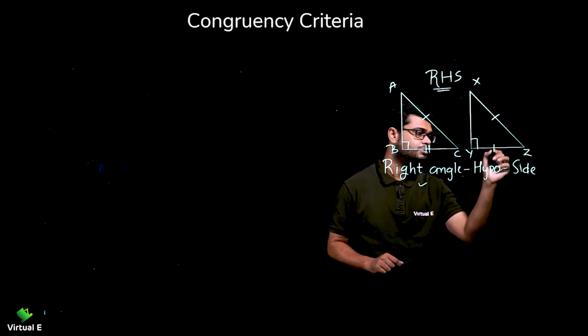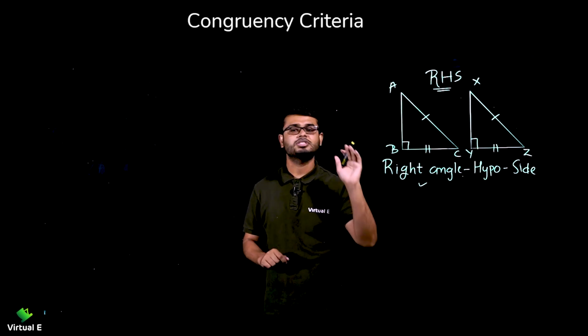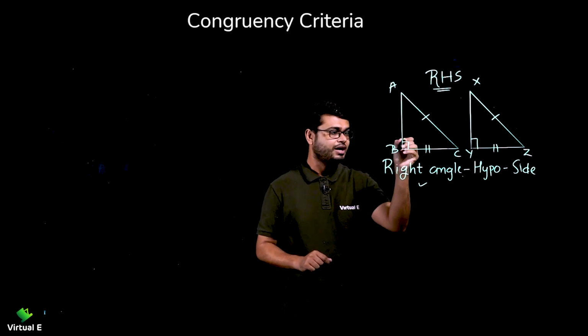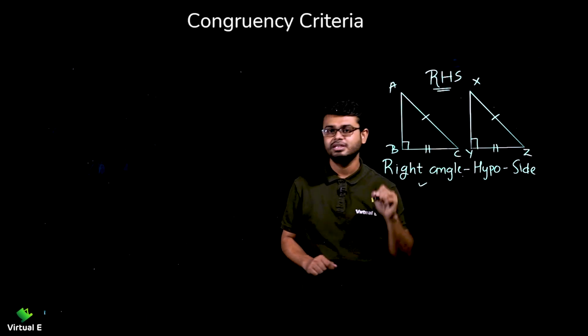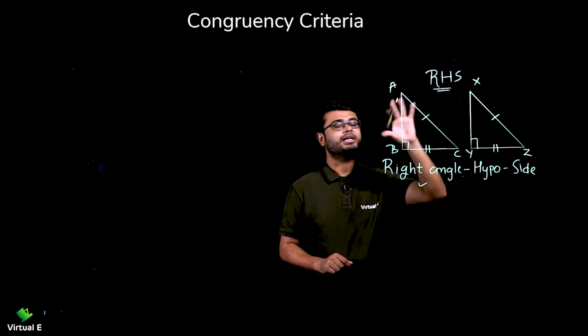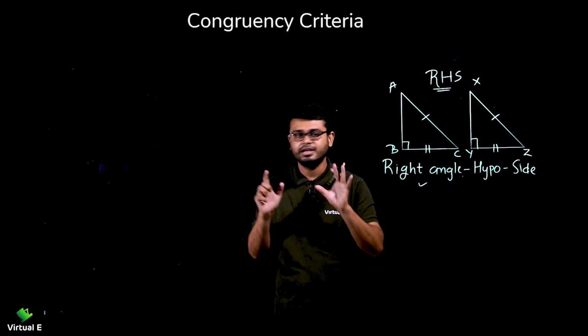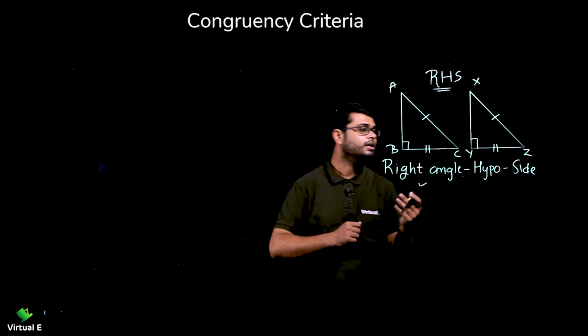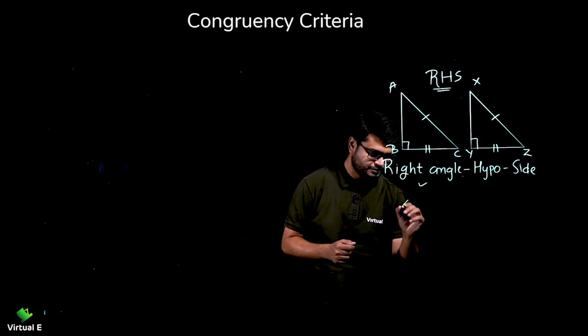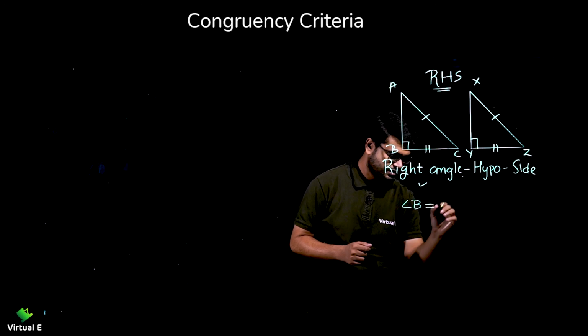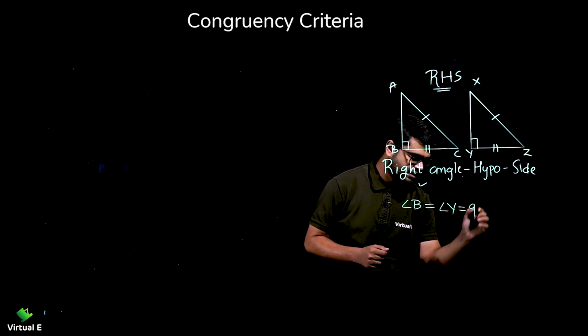So BC is equal to YZ, right? So this is what RHS criterion is, R for right angle, H for hypotenuse, and BC is for the side. Or if you don't have BC, you can take AC as well. That depends on the given conditions. We cannot just take it. So let's write angle B is equal to angle Y is equal to 90 degree.